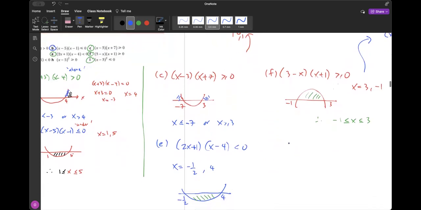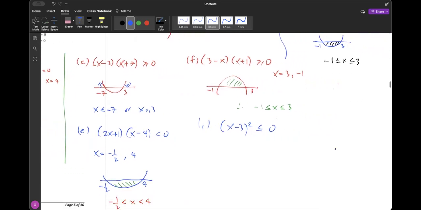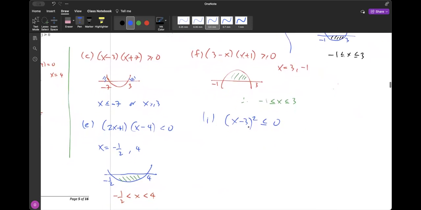Okay. The next one is x minus 3 squared less than 0. Actually, there is no answer because this is a square number.